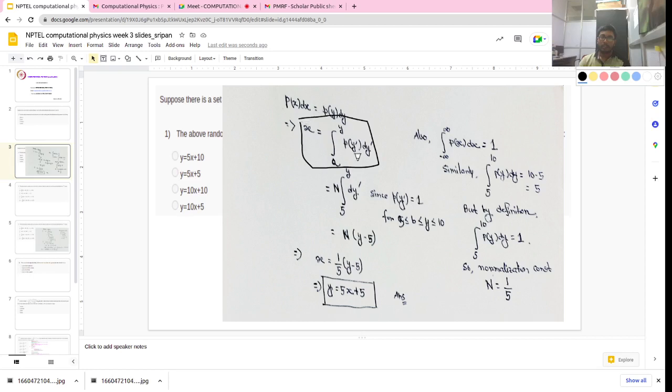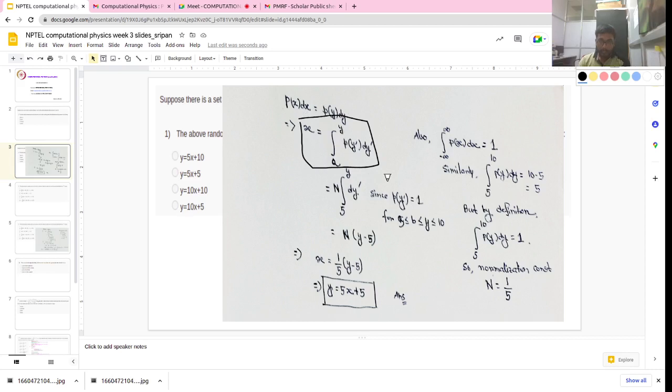This equation is called the cumulative distribution function, and the lower limit is given to be a in general, but for this question it will be substituted by 5, and the upper limit is 10. We take a random y, or more generally a number y, defined in this way.